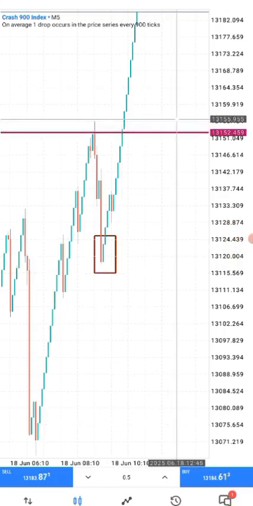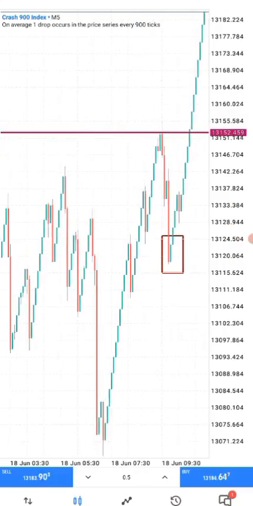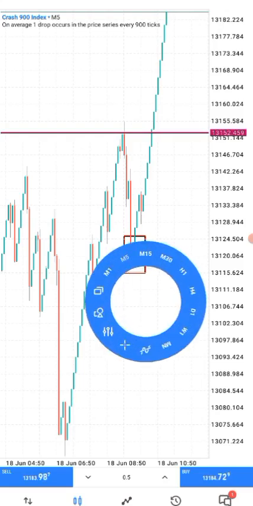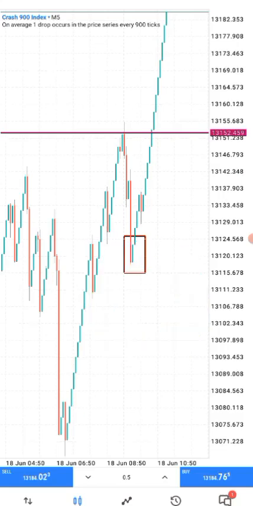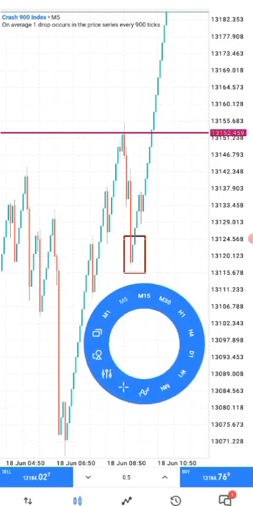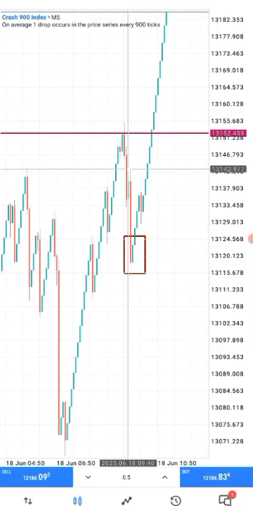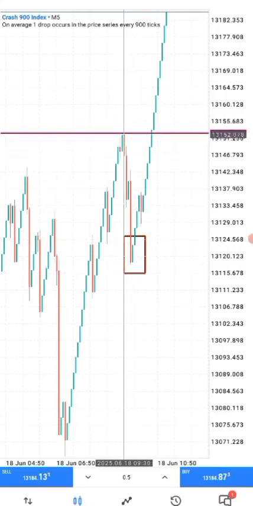Now the agenda of this video is so that we can get our order block and then get our liquidity zone. Now the liquidity zone is this, which is the stop hunt, which is this particular one. Look at this particular one here. This is a liquidity zone, the stop hunt liquidity zone.